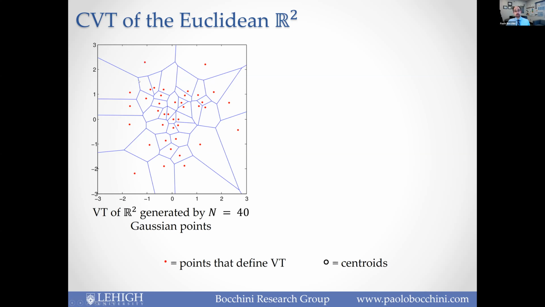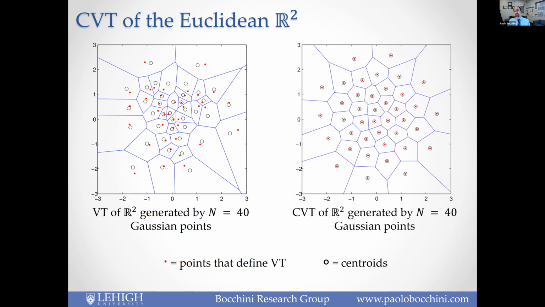So basically, all we need to do is take every pair of generating points, cut in the middle, and basically those lines will generate the partition. For each one of these regions, we can also compute the centroid. And in general, the centroids, these black circles, do not coincide with the generating points. A centroidal Voronoi tessellation is a special case of Voronoi tessellation where the centroids and the generating points coincide.